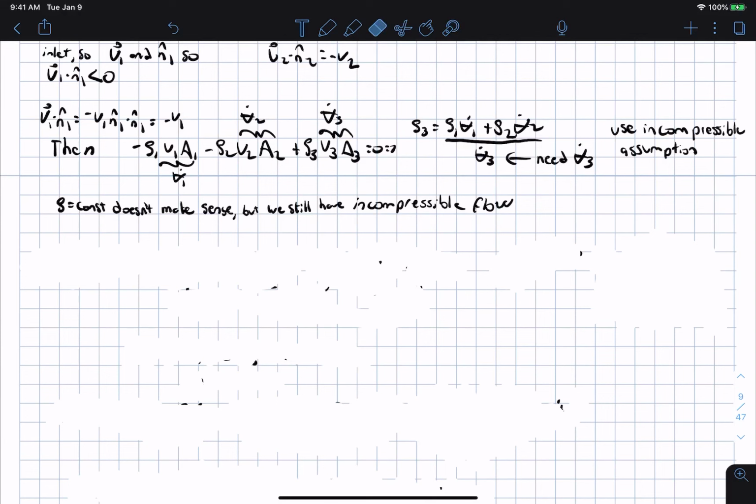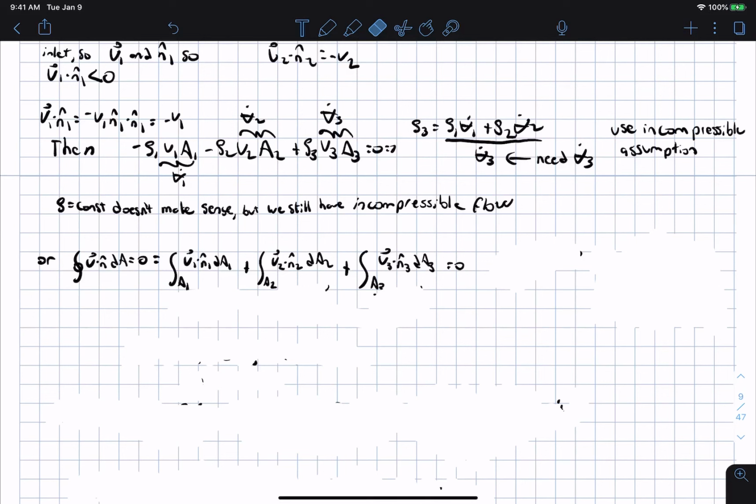Okay, so we apply the incompressible flow condition for a non-deforming control volume. And so that means we need the surface integral of v dot n hat dA equal to 0 over the entire control surface.